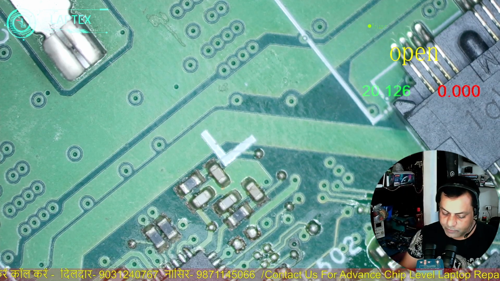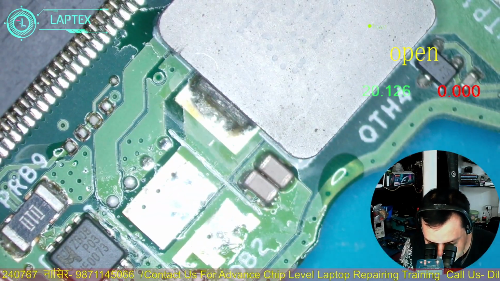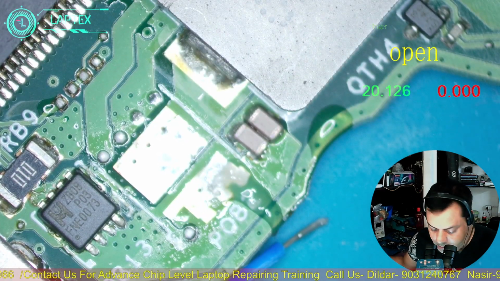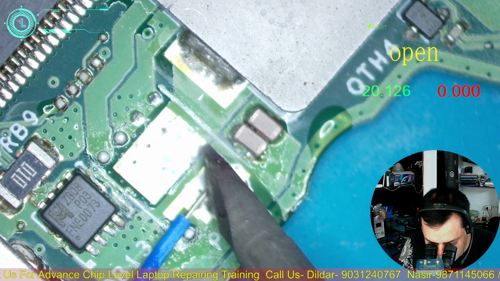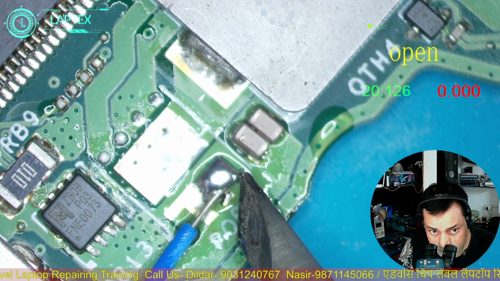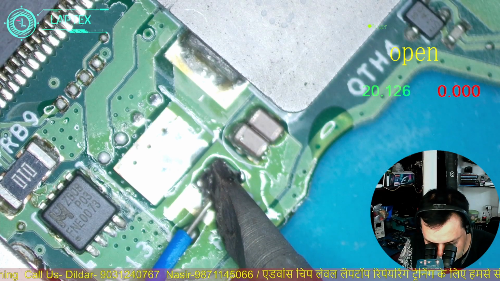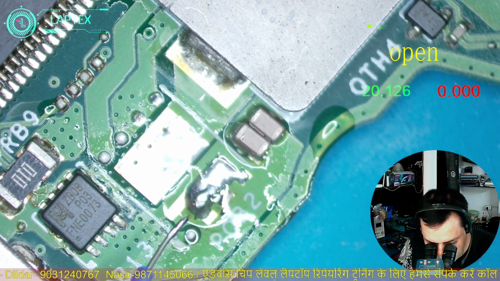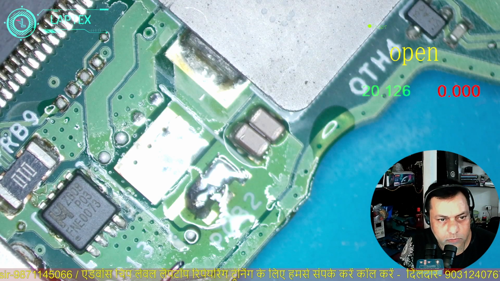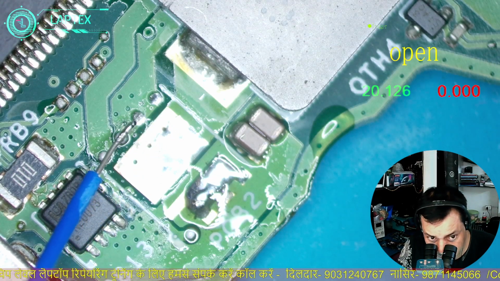So you just put a jumper wire on this area and inject some voltage on this point. Okay, so here let me count: one and two, then 3, 4, 5, 6.